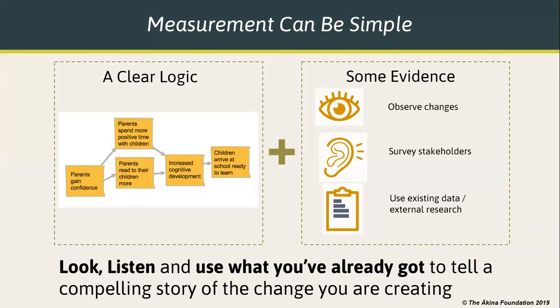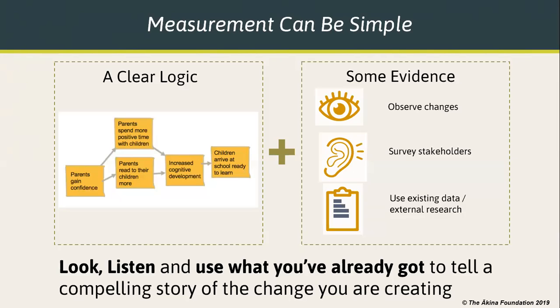You've got your clear logic, and with some evidence, including simple things like changes that you observe, a simple survey of the stakeholders, and maybe some existing data you already capture, like the number of people that turn up to a session, or the number of people that buy your recyclable cups. You've already got quite a lot of evidence there. So packaging those things together, you're a long way along to being able to tell the story of change that's been created.